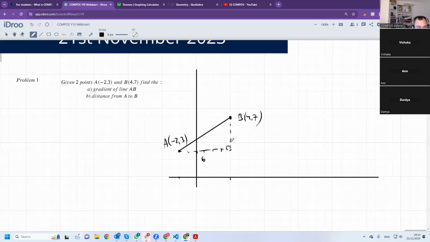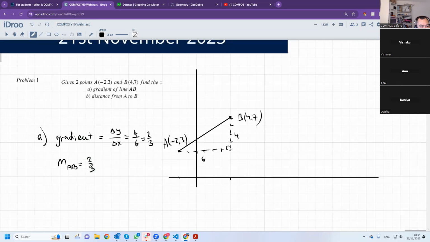So that's 6 across, and up is 1, 2, 3, 4, so 4. So the gradient is change in y over change in x, and that is 4/6, which is 2/3. So the gradient is 2/3. We usually use the letter m for gradient. So the gradient of AB is 2/3.